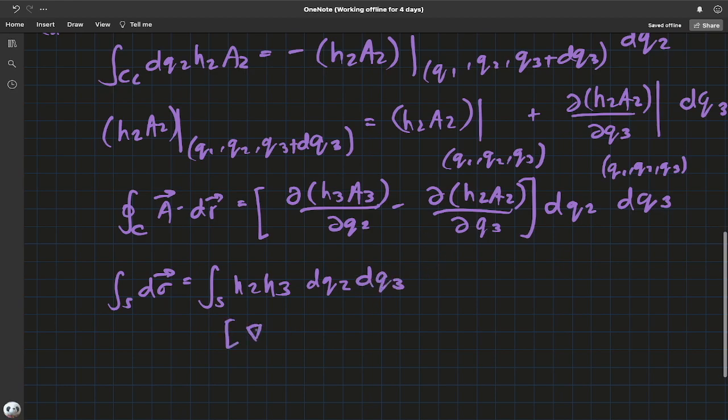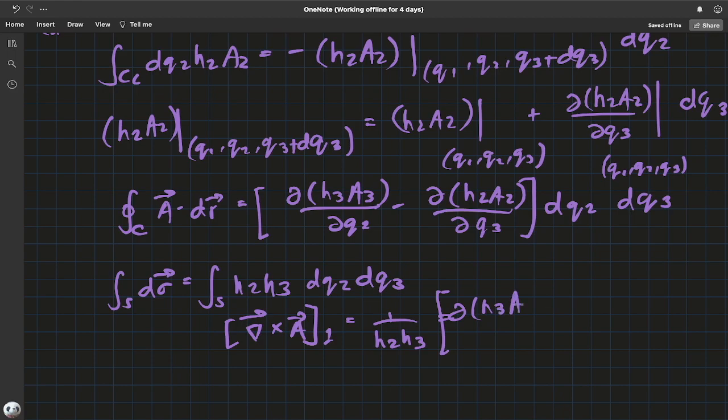So just for this, the first component of the curl of A in the general curvilinear system is 1 over h2 h3. You divide by this guy basically, times partial h3 a3 over partial q2 minus partial h2 a2 with respect to q3.